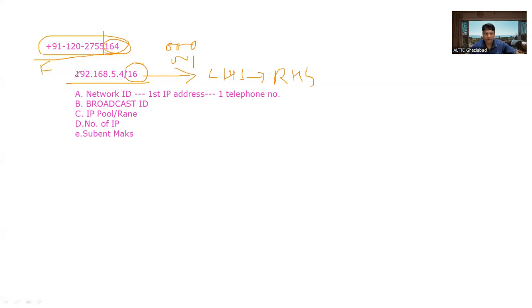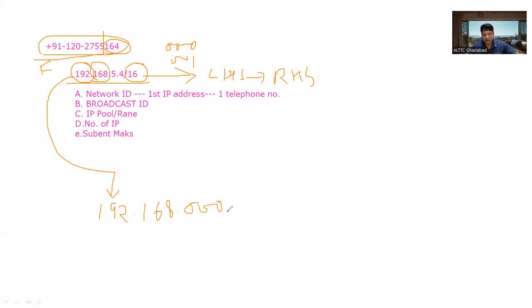So in this case, the first left hand part is completely 8 bits, this is 192, and this is fixed. Next 8 bits, the next set, 168, is also fixed. And after the fixed part, all remaining bits are 0.